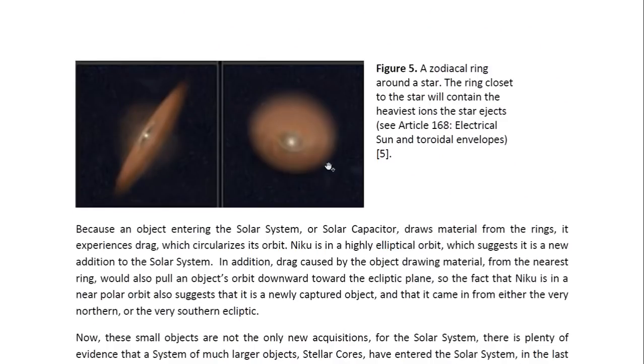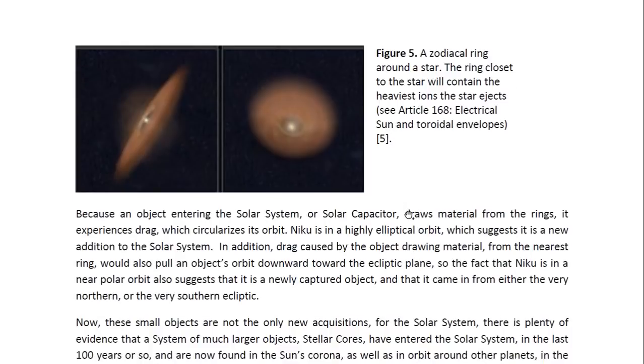And here we see the zodiacal ring around the star, and the ring closest to the star will contain the heaviest ions the star ejects, and so it will contain things like iron. And for more details, you may look at Article 168 entitled Electrical Sun and Toroidal Envelopes.